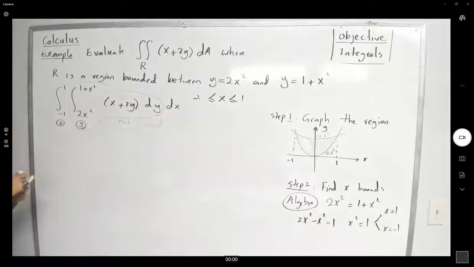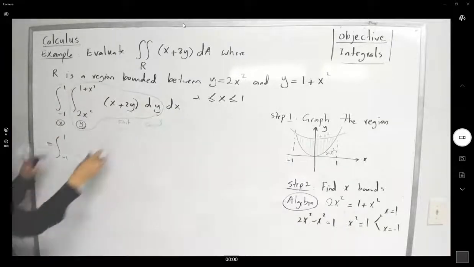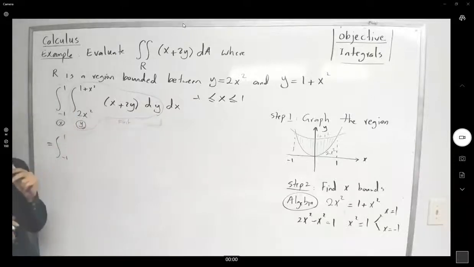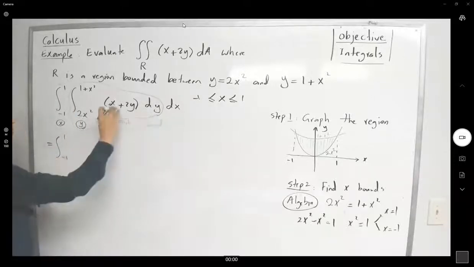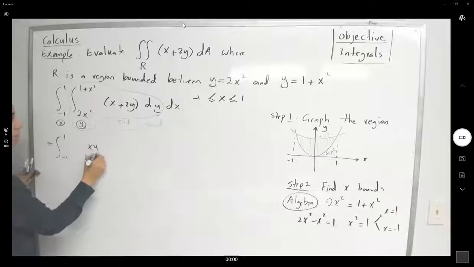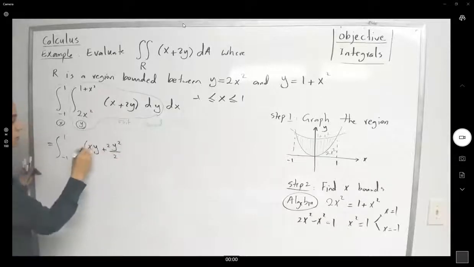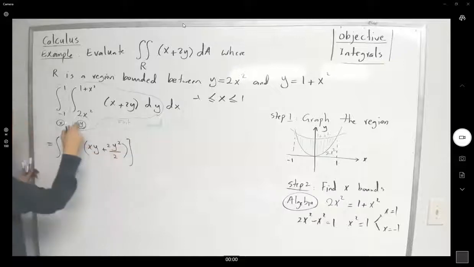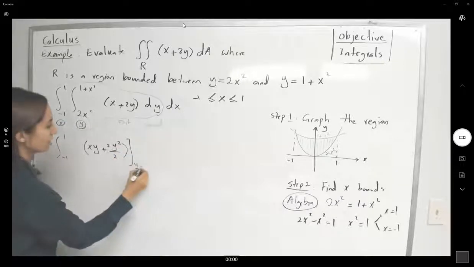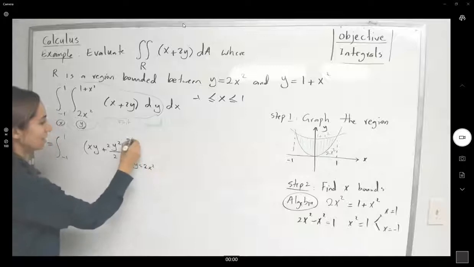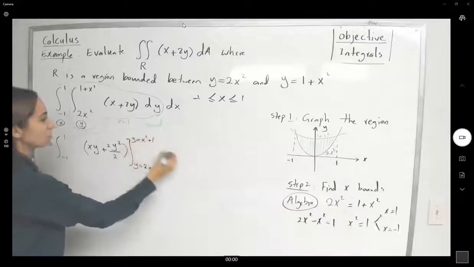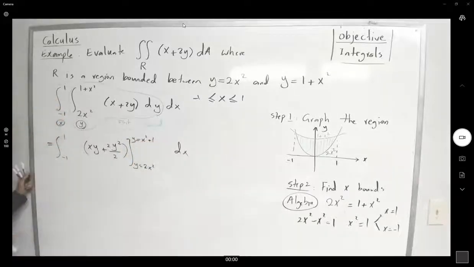Very well. So what do we have? We have the outside integral, -1 to 1. Let us directly calculate this integral with respect to y. With respect to y, you get xy plus y squared divided by 2 times 2, and your y ranges between 2x squared and x squared plus 1. Then you take the outer integral.